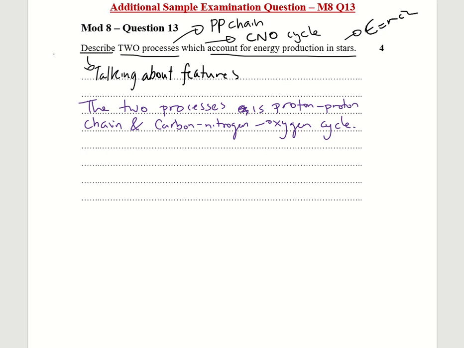Okay, so that's what we have there. What we could probably talk about here is how the energy is released. So the two processes, the proton-proton chain and the carbon-nitrogen-oxygen cycle, convert 4 protons, or what we can write as this isotope, into helium-4.